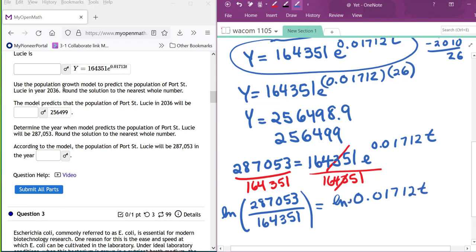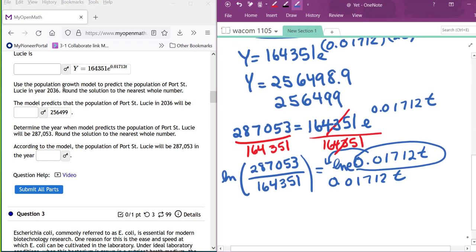Oops, I left off the E. And that will bring this piece down. So 0.01712 t will equal this. And so then we'll divide by this coefficient. And that will leave us t.